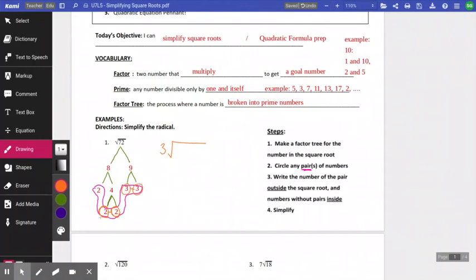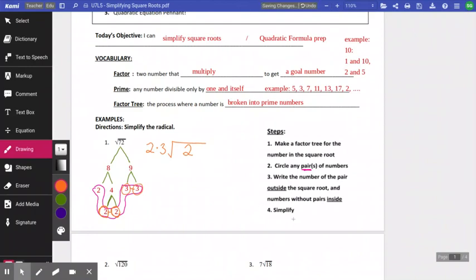And then I have one pair of 2s, so I'm going to put 1 2 outside. And then I've got 1 2 by itself, so I'm going to have that 1 2 inside. And then if you have more than one number next to each other, you connect them with a multiplication sign. So I've got 2 times 3 times the square root of 2.